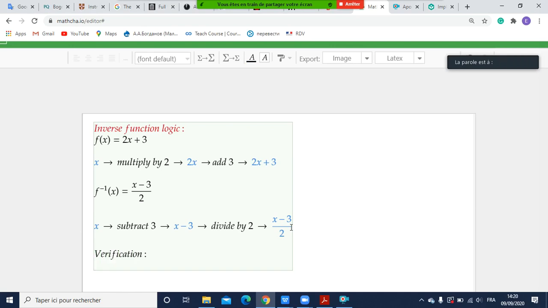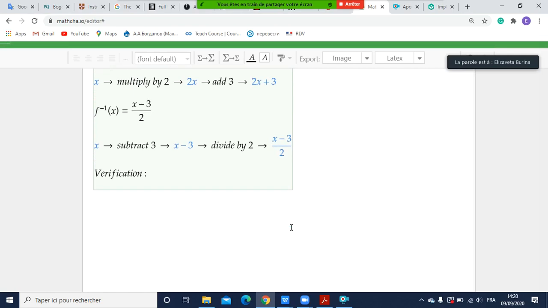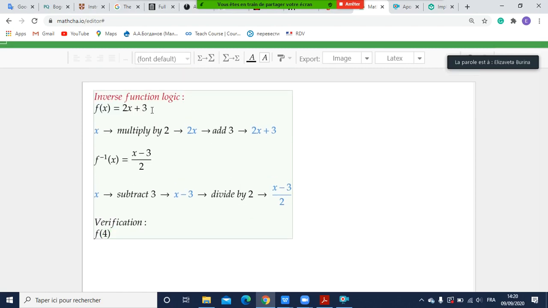Verification first with just numerical examples. So let's try to find an image of 4 by the initial function, so by 2x plus 3. So here what I wrote, an image of 4 by f.